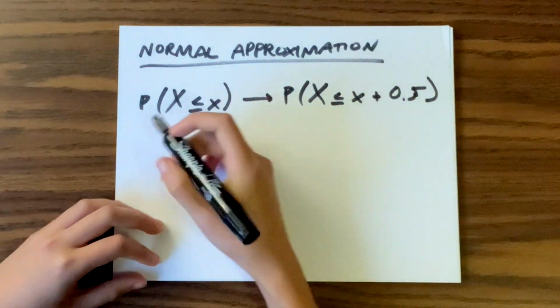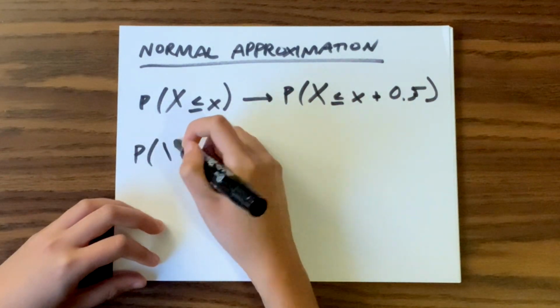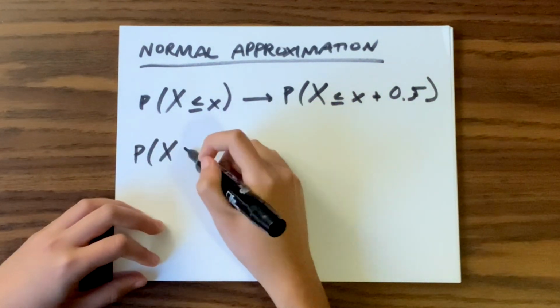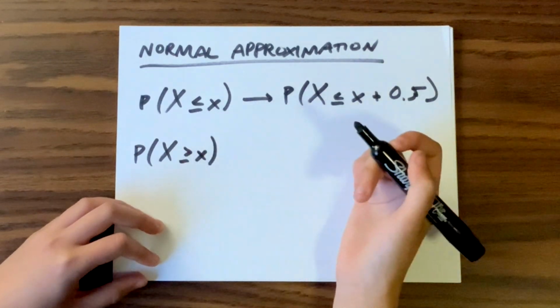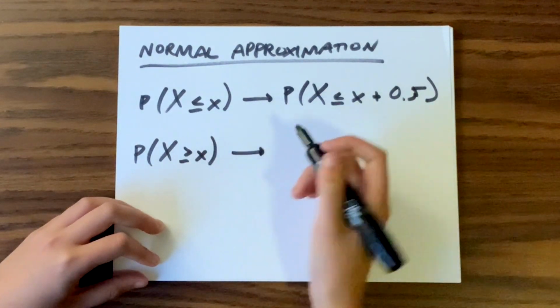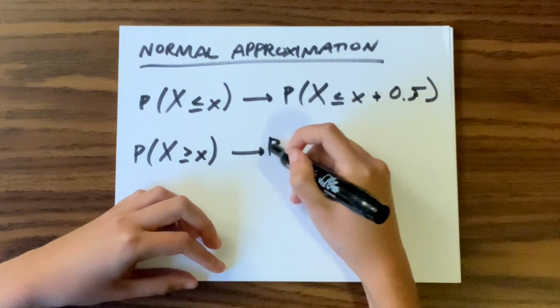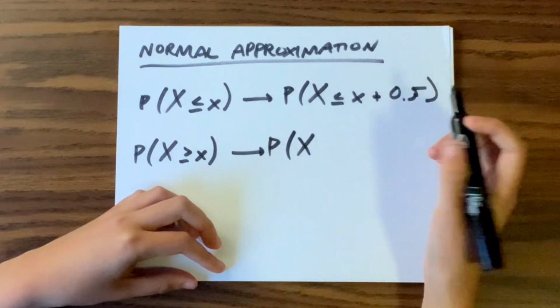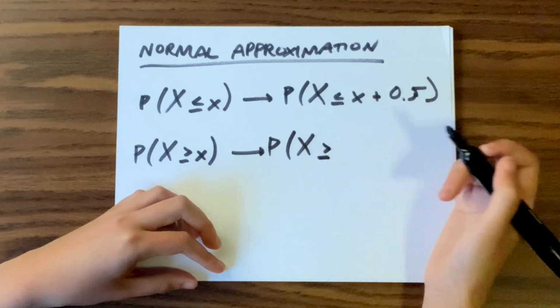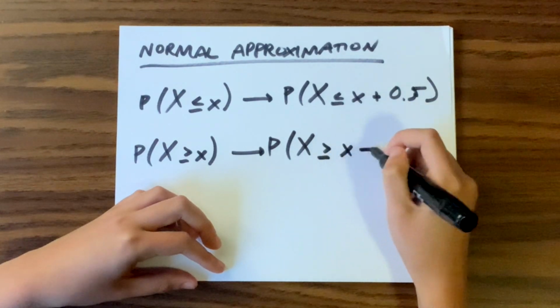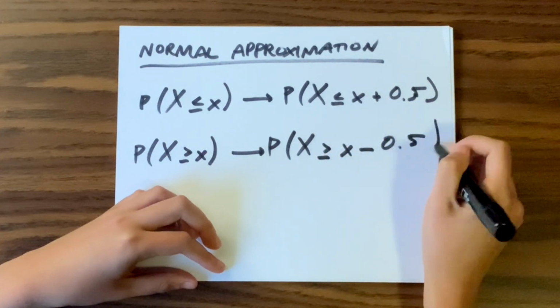Similarly, for the probability of our random variable x being greater than or equal to some little x, we can rewrite this accounting for continuity correction as the probability that x is greater than or equal to x minus 0.5.